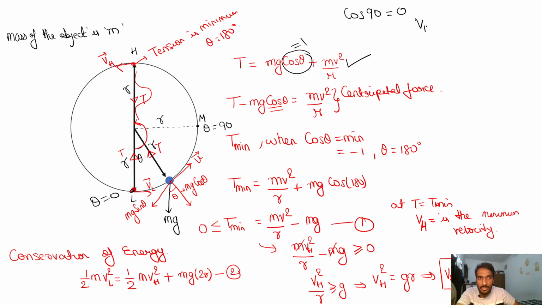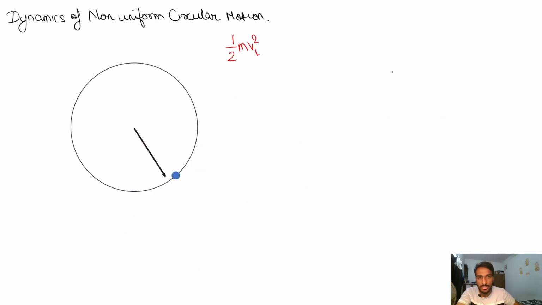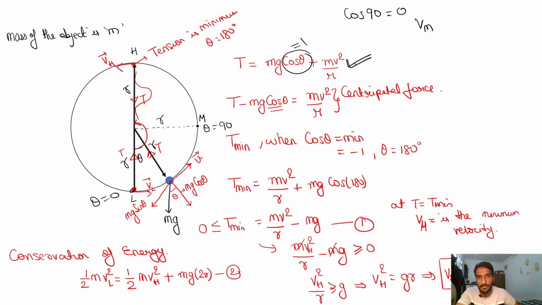We know the value of vM, we have found this one, so we'll substitute the value of vM in this equation. And now at this point we have cos 180 equal to -1. We can substitute the value of vH here, and I can find the value of tension, right?